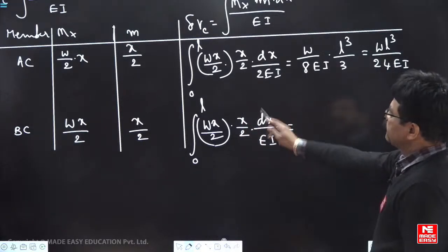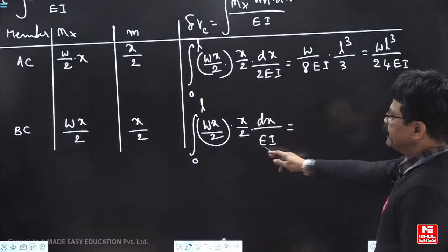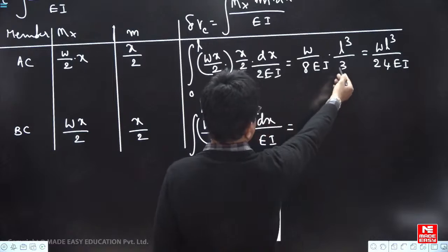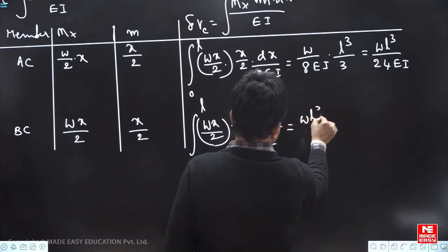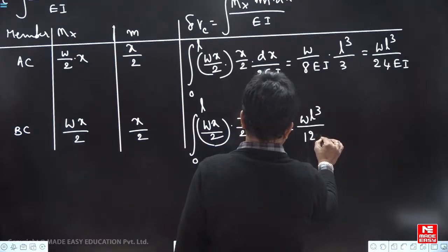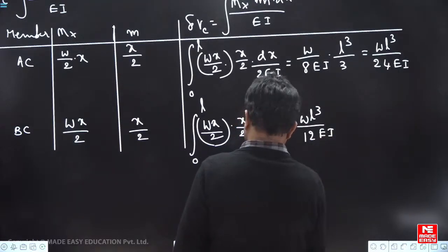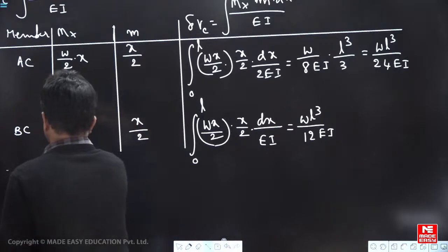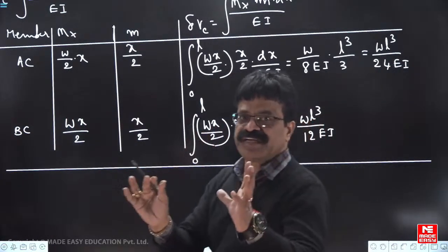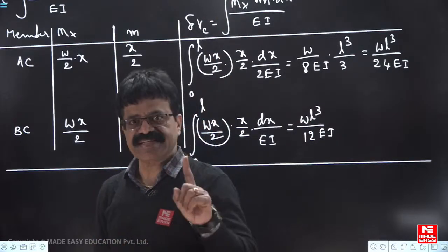Here we got 24 EI, and here that 2 is not there, so if you multiply this by 2, you get WL cube by 12 EI. These are the individual contributions of the segments to the vertical displacement at C.